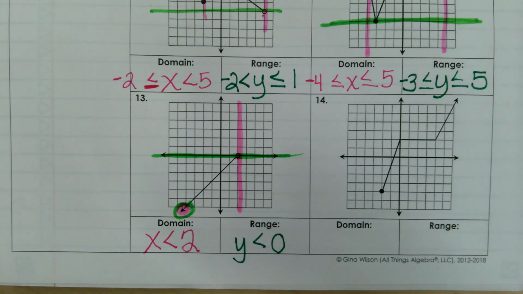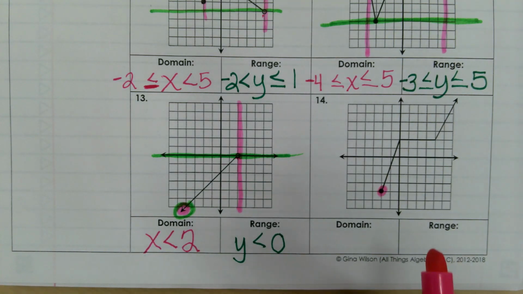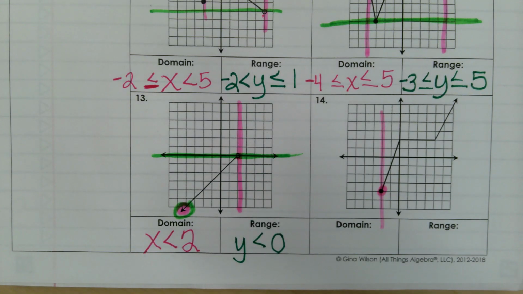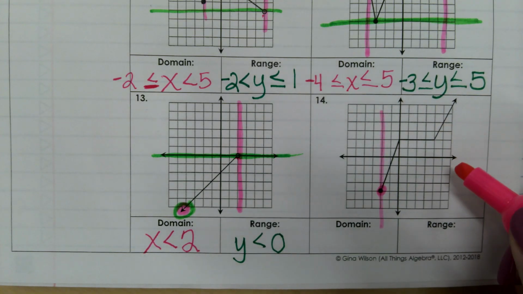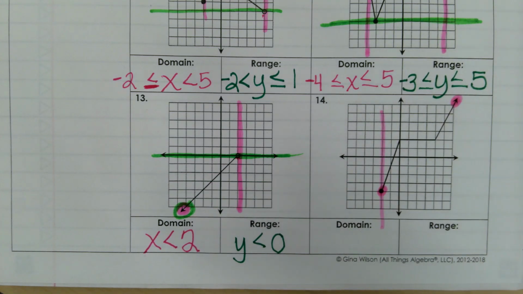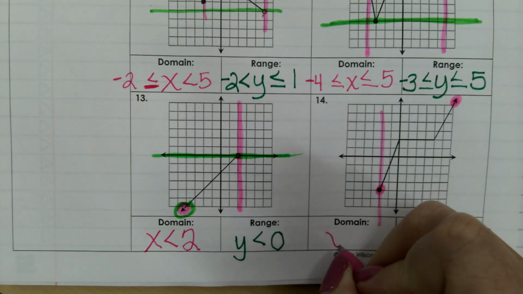So let's check. See this right there? Does the graph go past that number right there? No, there's a fence. Okay. Does the graph go past this point right there? Yes. All right. So actually, it's going to look like this.